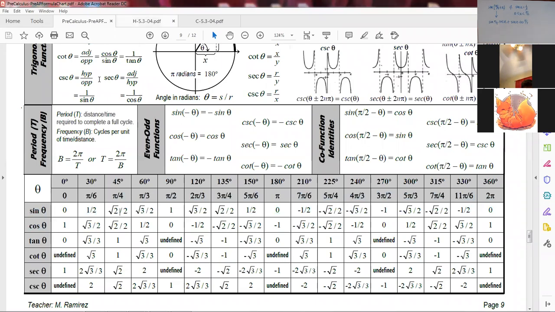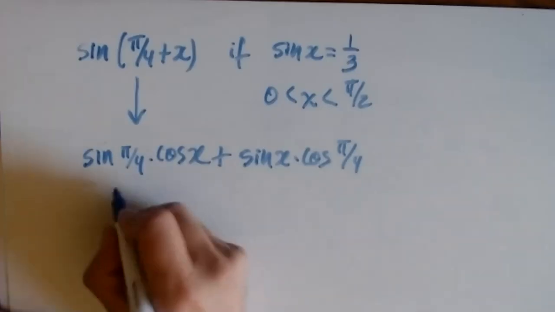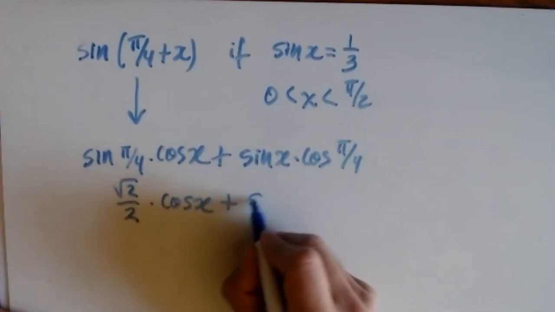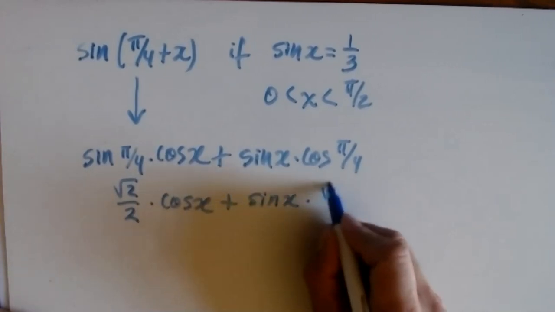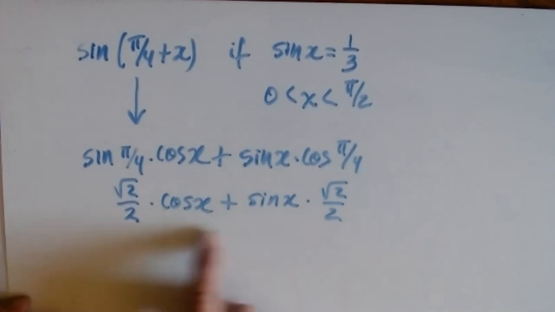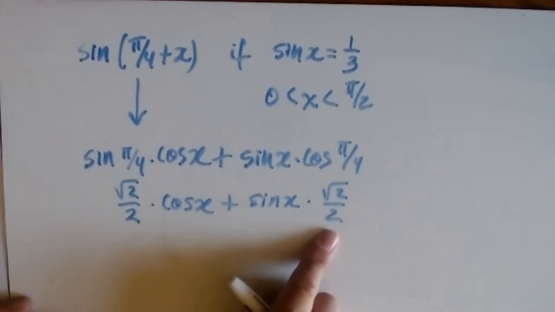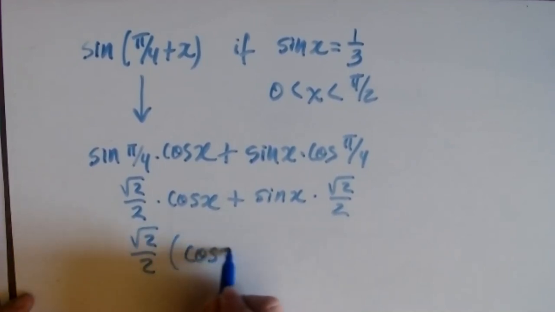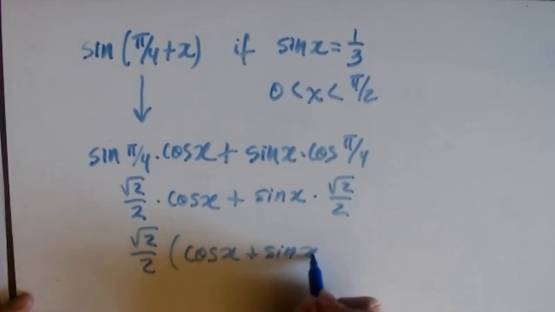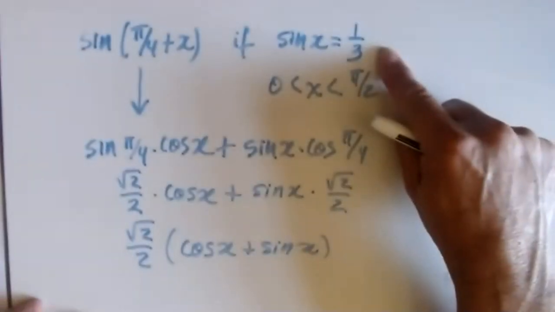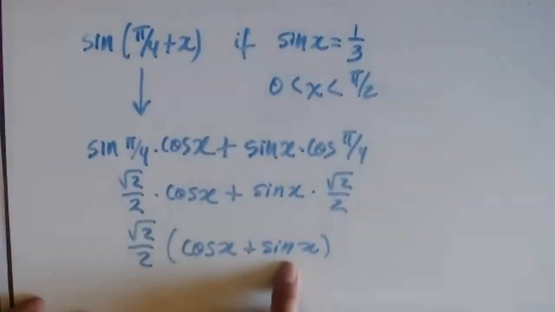Okay, so I'm going to put the numbers back. So square root of 2 over 2 times cosine x plus sine x times the square root of 2 over 2. Now what I'm going to do is factor this. So I have square root of 2 over 2 times parentheses cosine x plus sine x, correct? Now sine x is 1/3, so I'm going to plug in this right here.